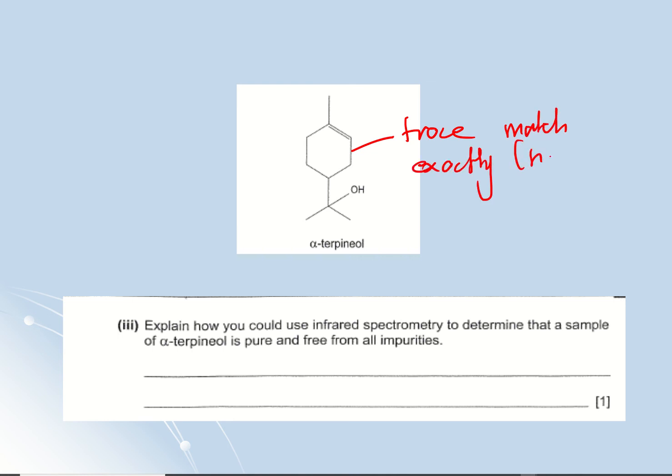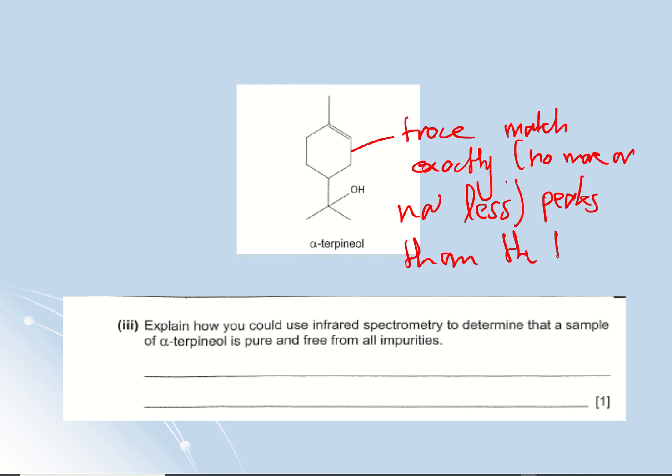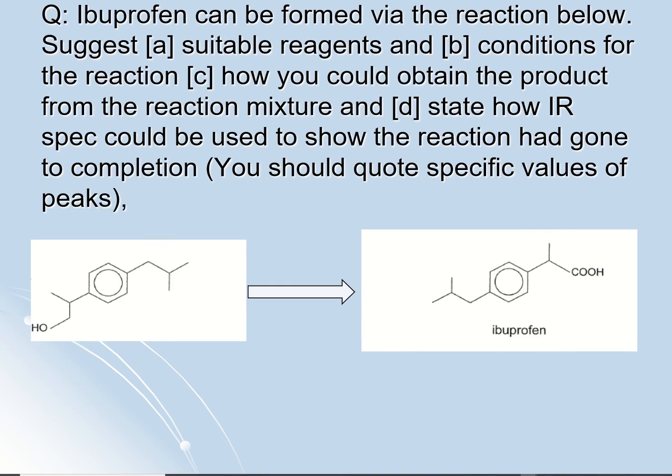There will be no more or no fewer peaks than the trace of the pure alpha terpenoid. It would just be exactly the same in all ways, all peaks would be exactly the same.